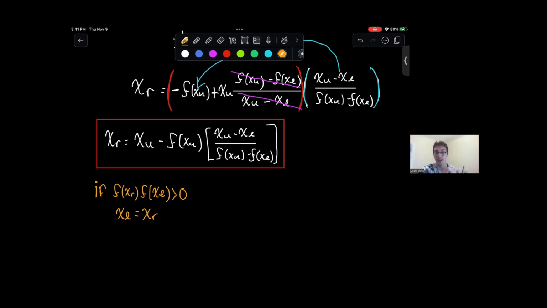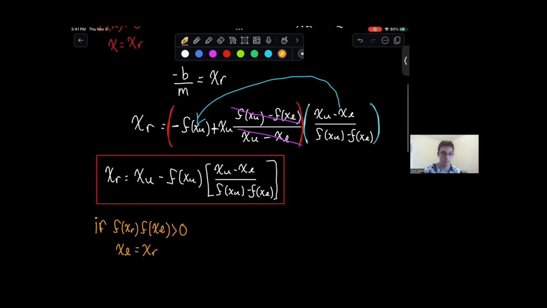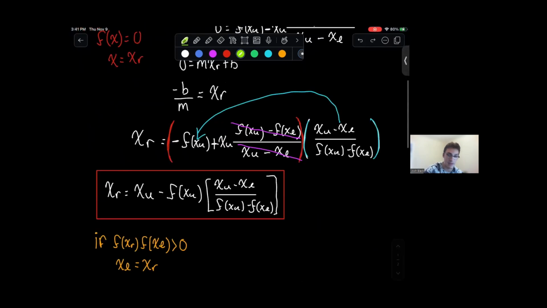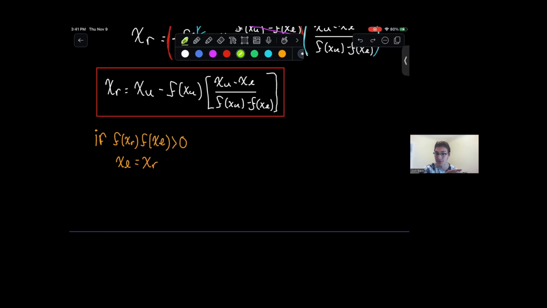If it's multiplied by another negative value, then it's going to be greater than 0. The only way I can get my f of xr to be a negative value is if it's somewhere in here. And we know from the regular false position method that it would have to be at some point that is closer to my real solution. So I'll update my xl and replace it with what I just found.